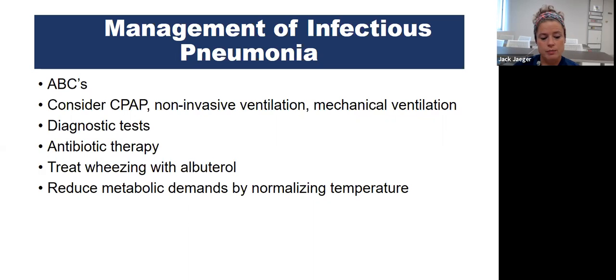Antibiotic therapy, you want to start that early after cultures are drawn. You want to treat any wheezing with albuterol. If they don't have wheezing, that may not be necessary. And then reduce metabolic demands by normalizing temperature. That's important in children. The temperature should be normalized with Tylenol, but also if they are cold, you want to warm them up.